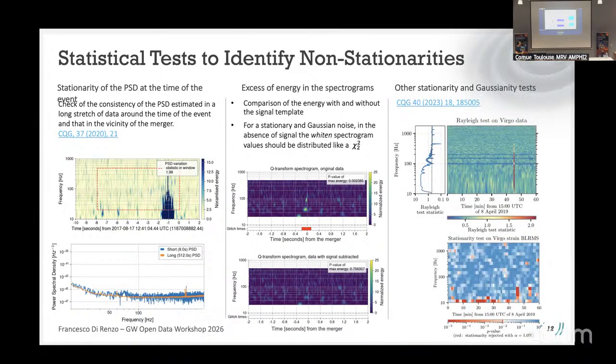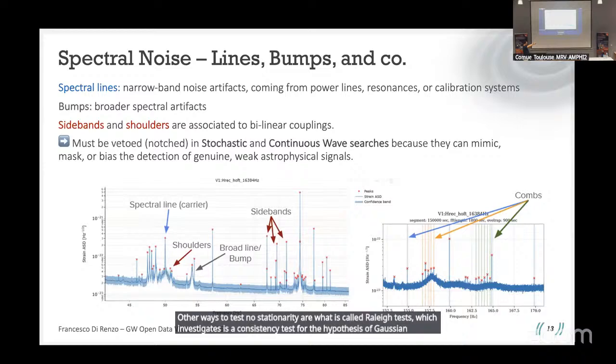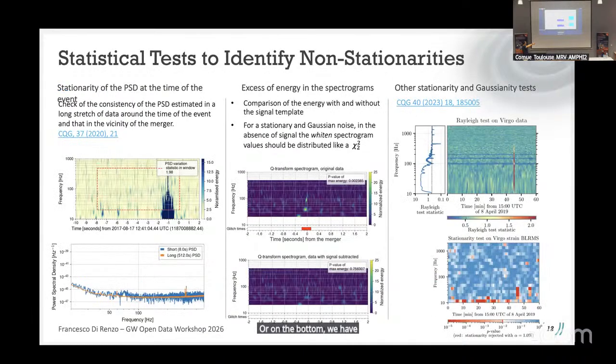Other ways to test non-stationarity are what are called Rayleigh tests, which is a consistency test for the hypothesis of Gaussianity, while on the bottom we have a test investigating stationarity, again studying how the PSD varies over time.